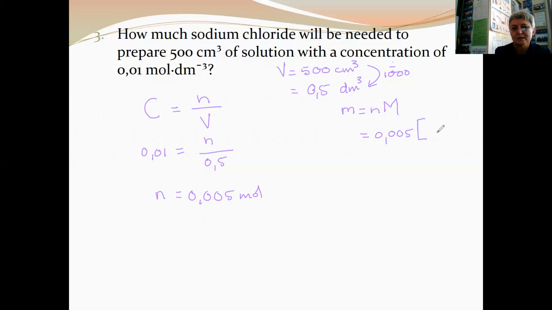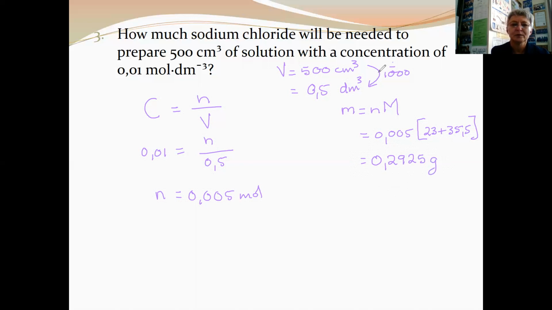The molar mass for sodium chloride is 23 for sodium plus 35.5 for chlorine, which makes it 58.5, which gives us a mass of 0.2925 grams.